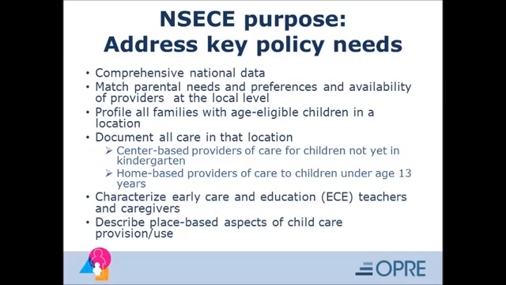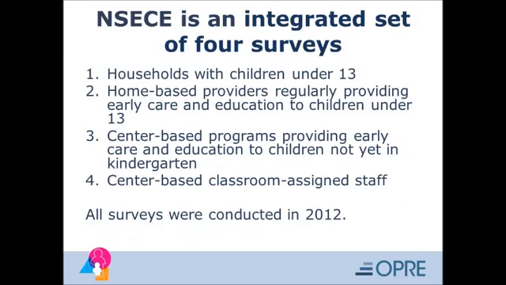And as I mentioned, doing all of this in a way that could connect supply, demand, and the workforce at a level below the national summary statistics. So in response to these policy needs, the NSECE was designed as an integrated set of 4 surveys.